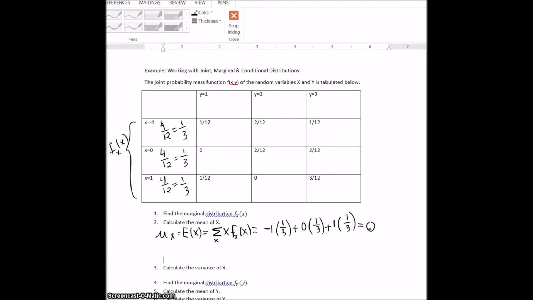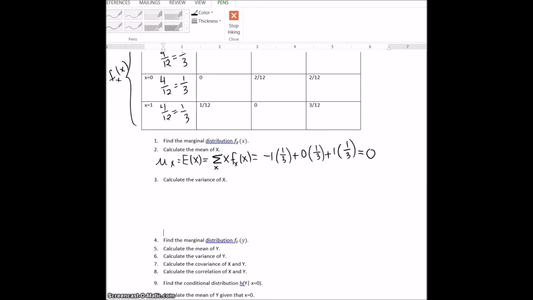Now we want to calculate the variance of x. Again, the easiest way to do this is to work with the marginal distribution of x. So I want to find the variance, sigma squared, of x. I can find the expected value of x squared and subtract my mean of x squared from it. The expected value of x squared, I find by adding up over all the values of x, x squared times the marginal probability that x takes on that value.